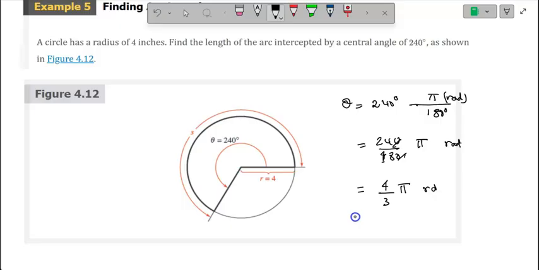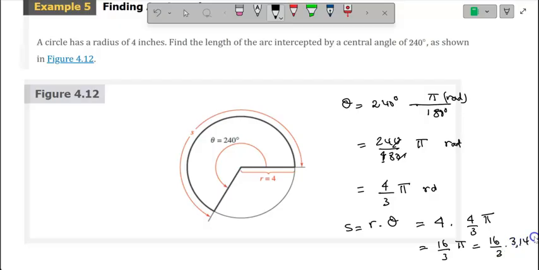Now, if you want to know S, it is going to be r times theta. So the r is 4, so this is going to be 4 times 4 over 3 pi, and this is going to be 16 over 3 pi. Remember that pi is 3.14, so 16 over 3 times 3.14.